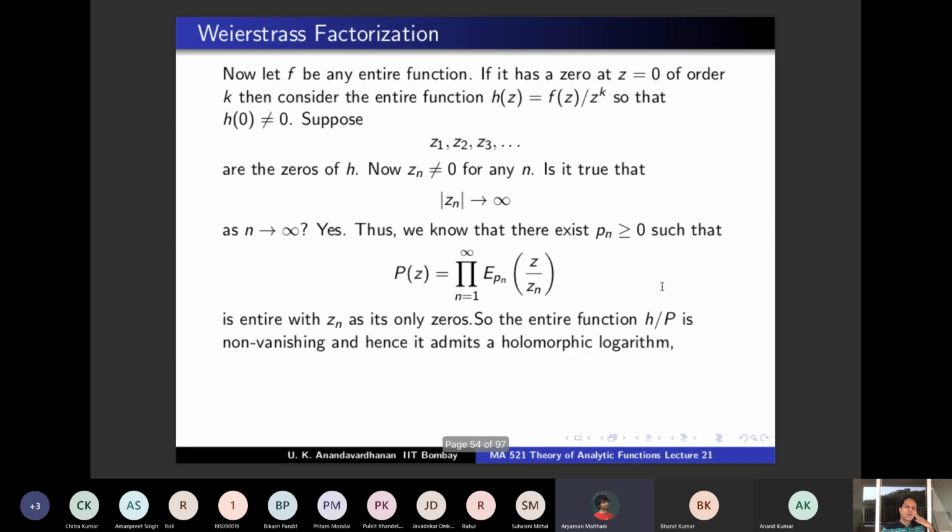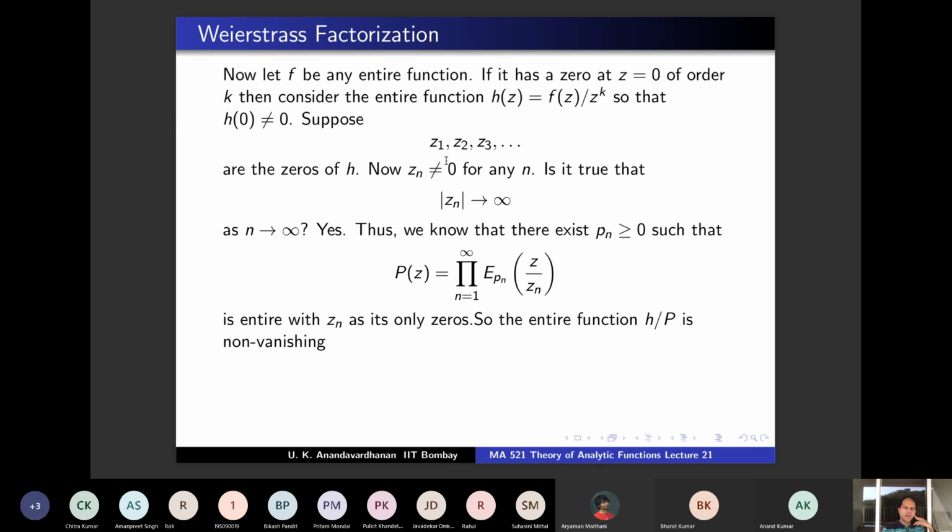Wait, why does h by P have no zeros? The orders could be different, right? No, we are going to say that they are with the same order. Here repetitions are allowed, and therefore it's coming with the same order.